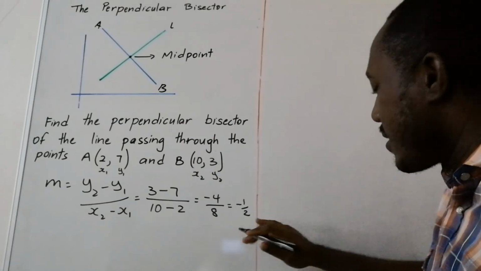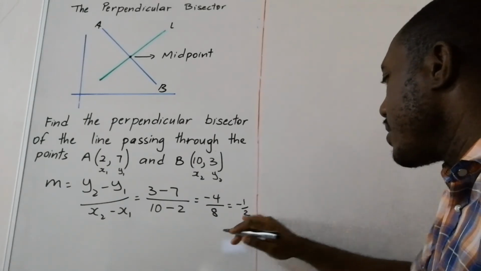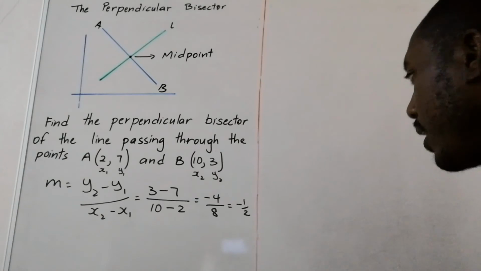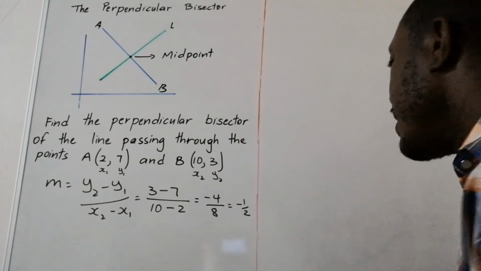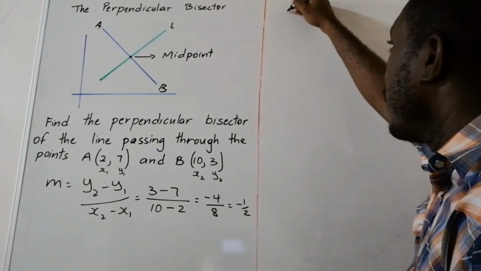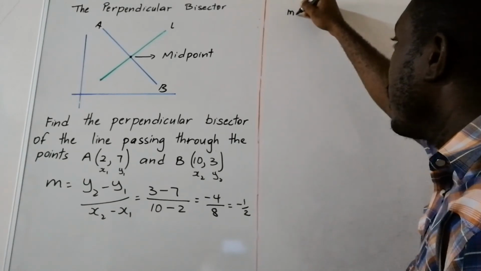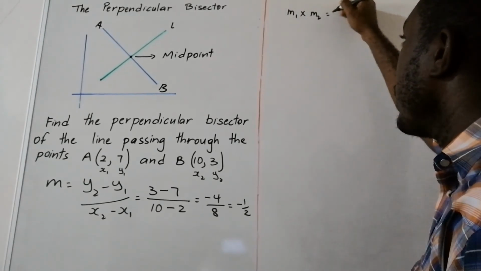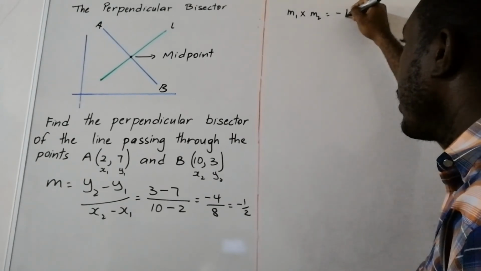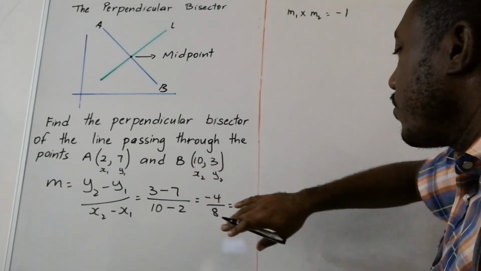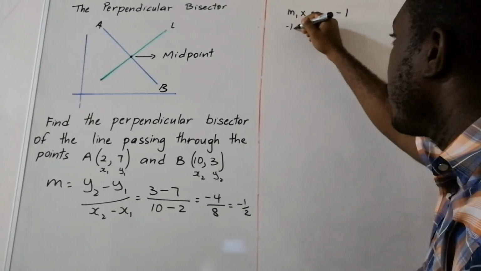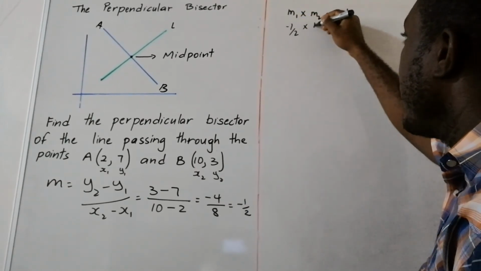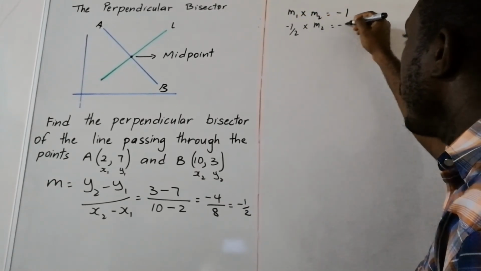Since the gradient of this line is negative a half, remember the gradient of the first line times the gradient of the second line, when two lines are perpendicular, will give us negative 1. So negative a half times the gradient of the second line is equal to negative 1.